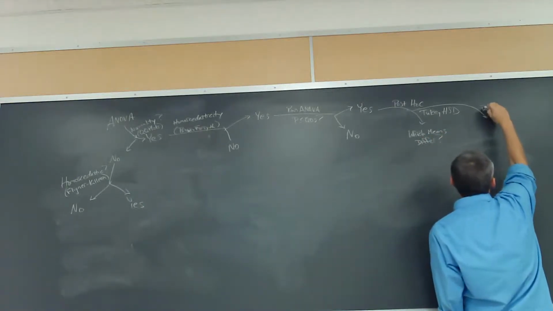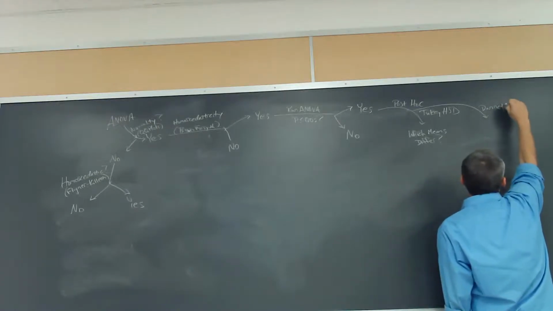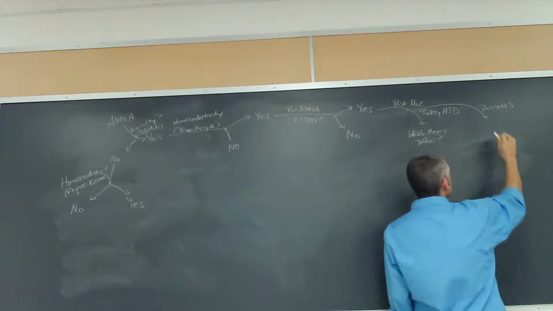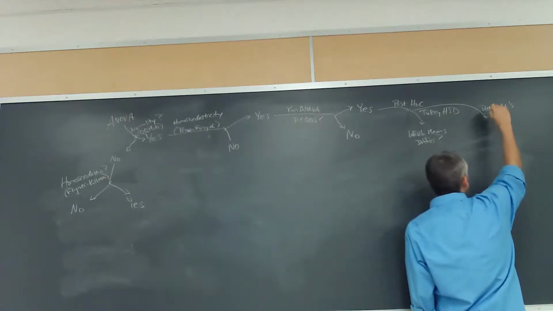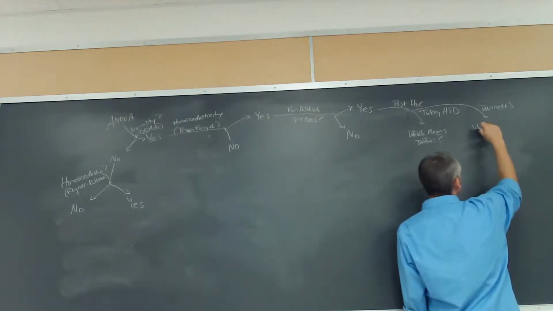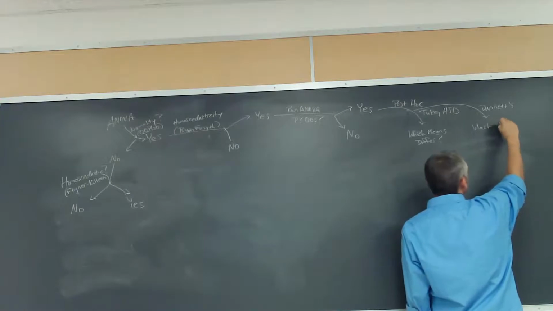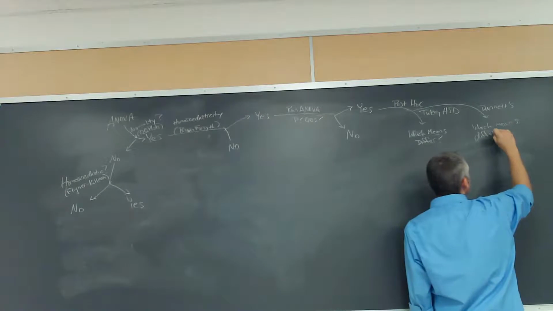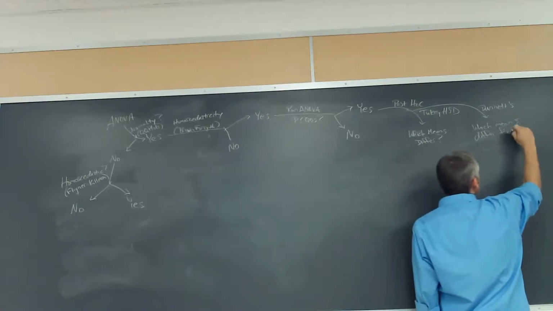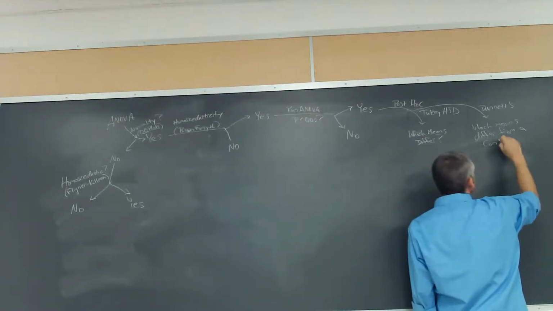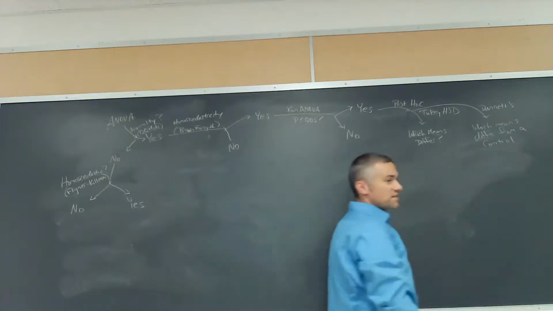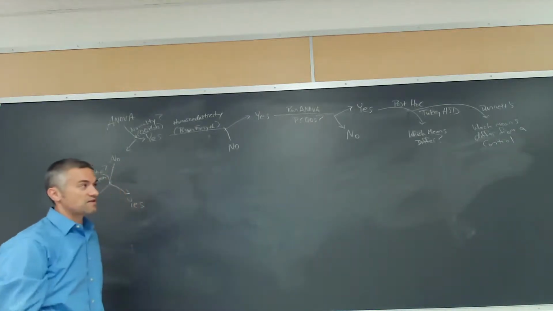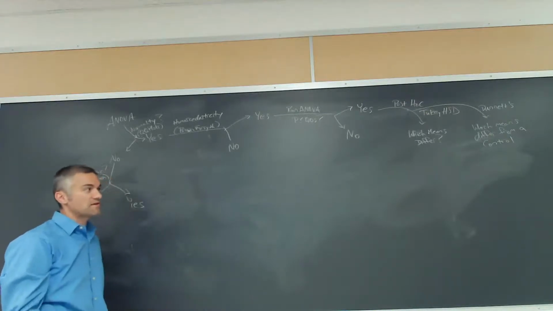And the other is Dunnett's. Right? All right, so what is Dunnett's? It tells us which means differ from the control. So Tukey's is all pairwise comparisons.